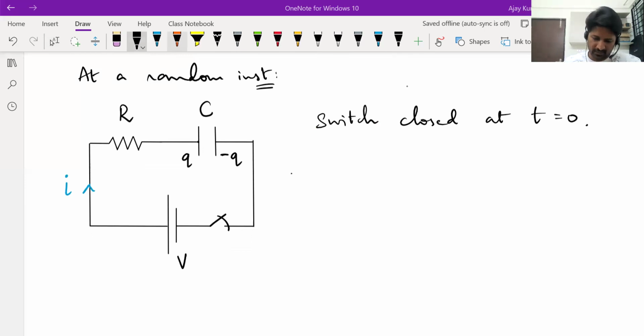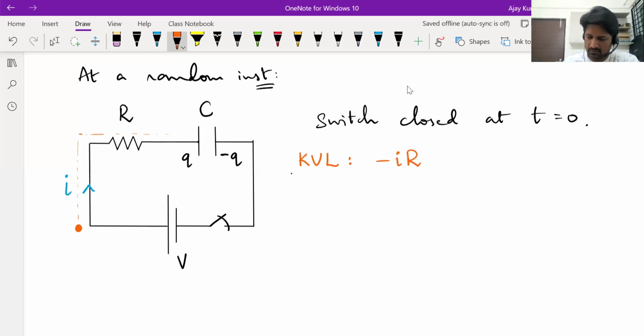Seshank, tell me, if we start from this point and move clockwise along this loop, how do you write the KVL equation for this loop? First, minus IR. The first element you come across is the resistance, and you are moving in the direction of current, so minus IR. Continue.